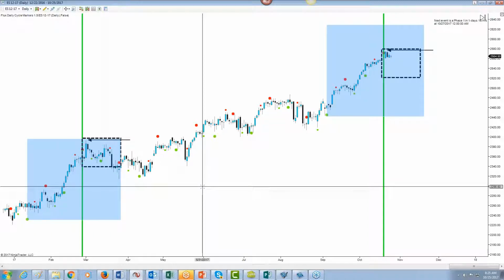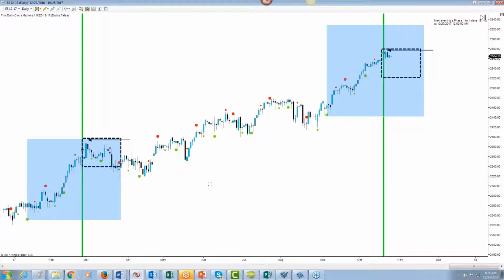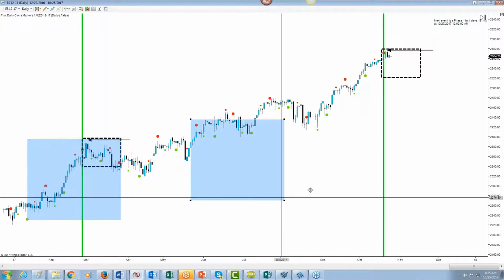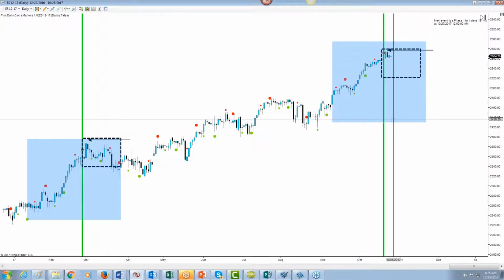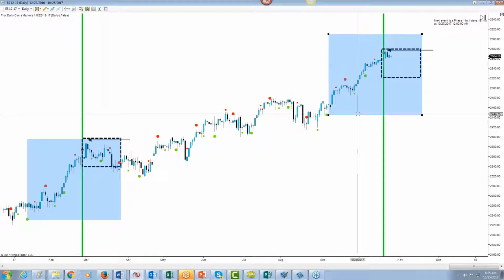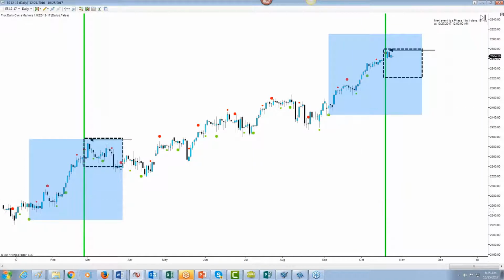Okay, now there's a big difference. Who can tell me the big difference between these two? What's the big difference between the two? They didn't move as far.